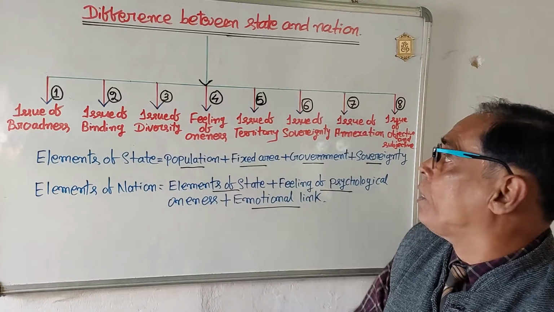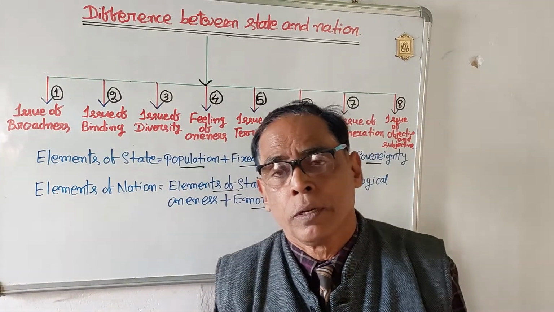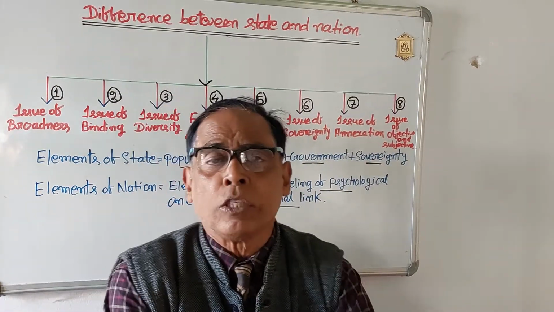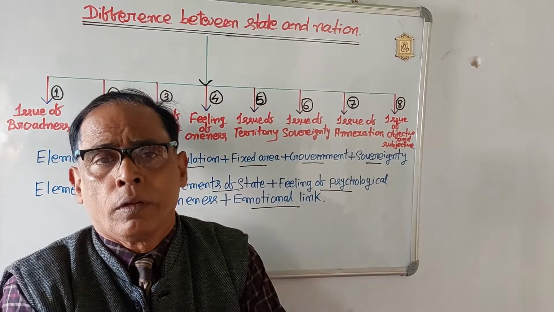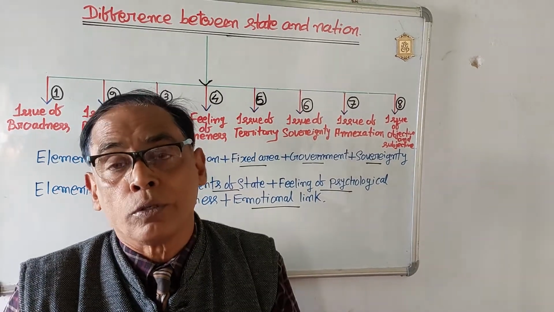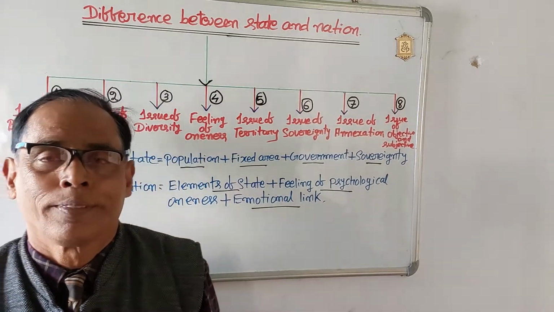Then come to the 6th one, issue of sovereignty. Another difference between state and nation is on the issue of sovereignty. A state requires sovereignty. Without sovereignty, a state cannot be formed.